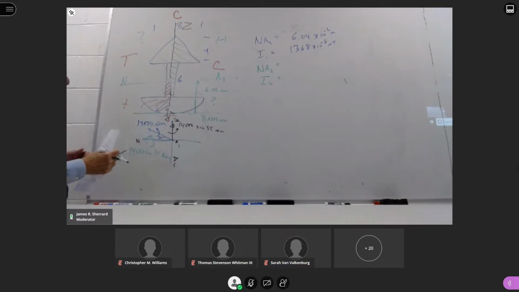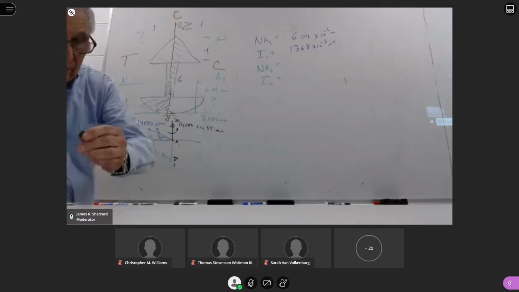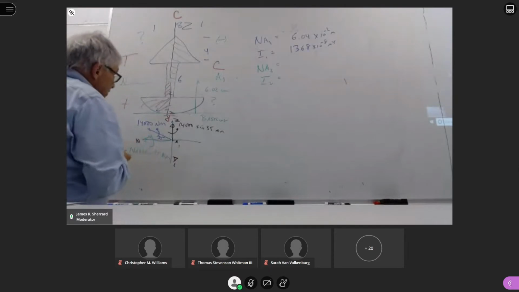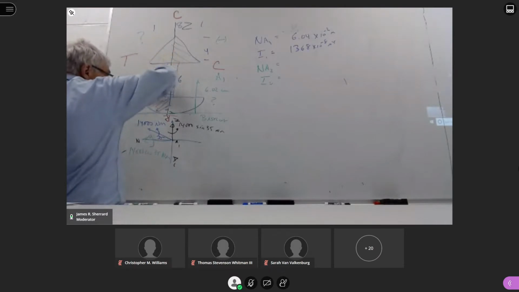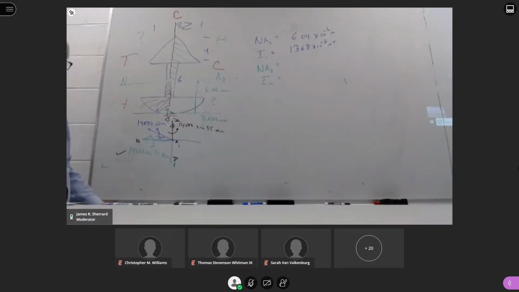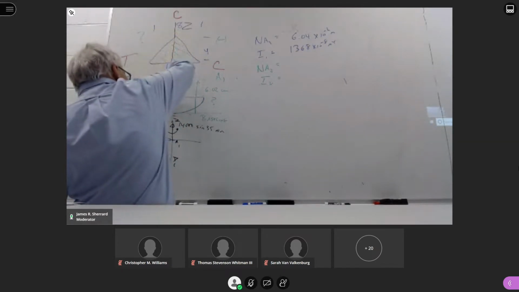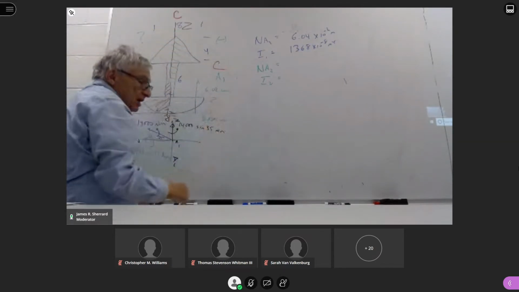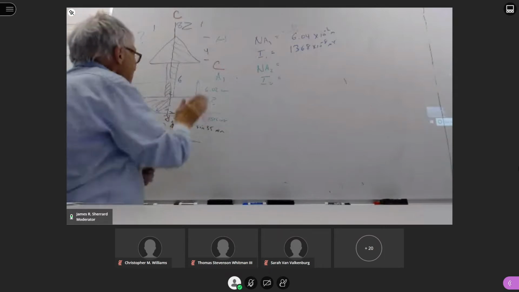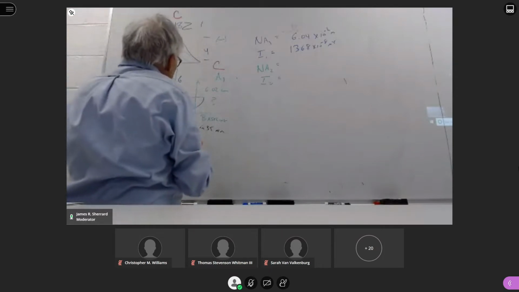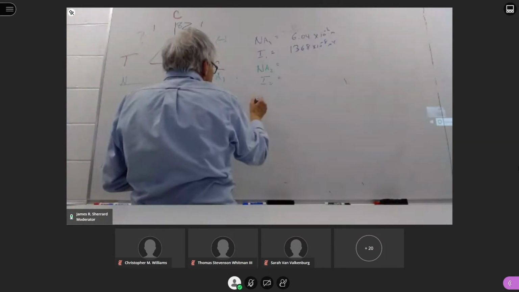To do that, we need to rotate this shape 90 degrees. Doesn't make any difference. You could rotate it 90 degrees that way, or that way. I happen to rotate it this way. So the new shape I had looked like this.